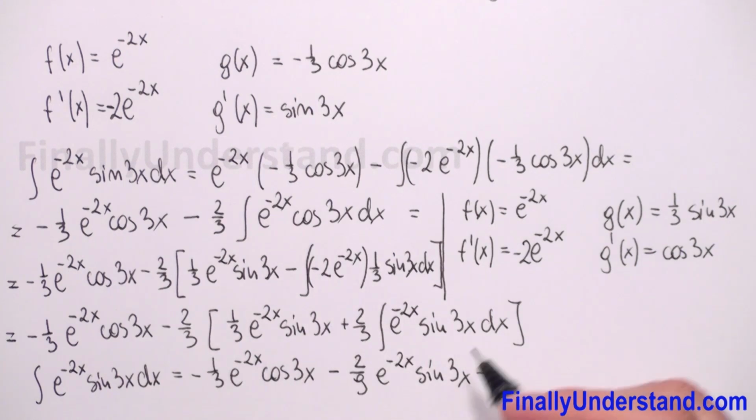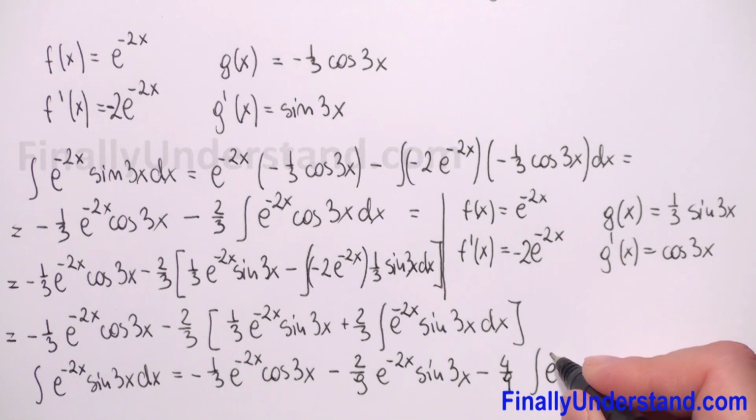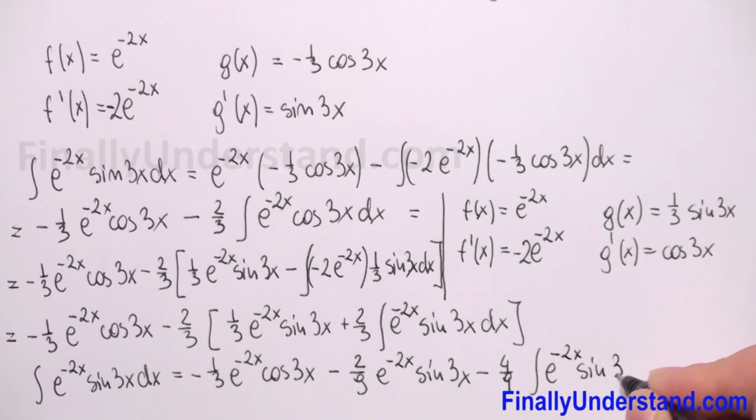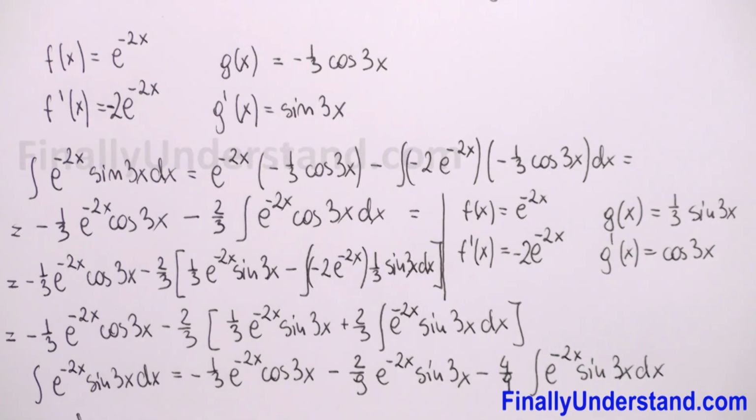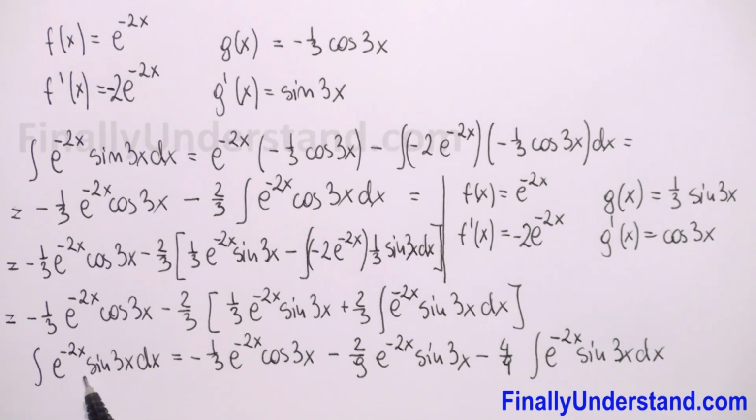2/3 times 2/3 is 4/9, and we have the integral of e to the power negative 2x sine 3x with respect to x. Next, because we have the integral of e to the power negative 2x sine of 3x on the left side and on the right side, I will move this part to the left side.